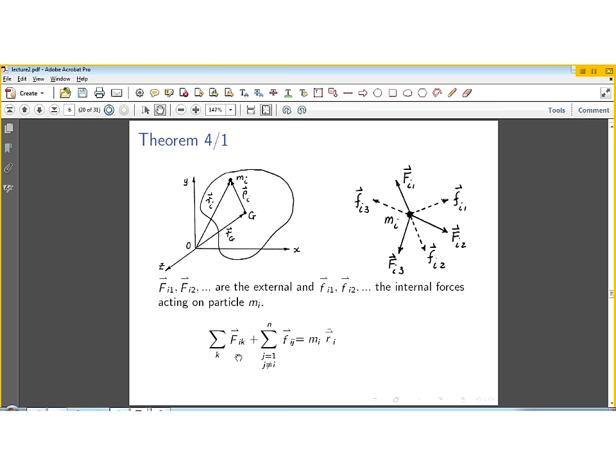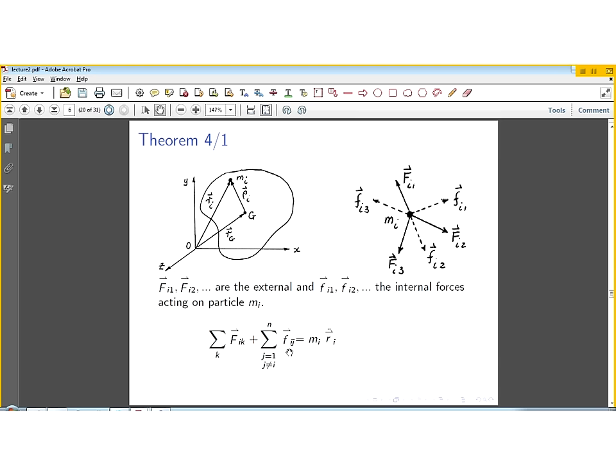So this first term on the left-hand side is the vector sum of all the external forces acting on the ith particle. And then the second summation on the left-hand side is the summation of all the internal forces acting on the particle i.